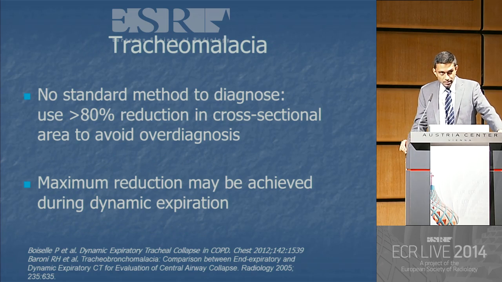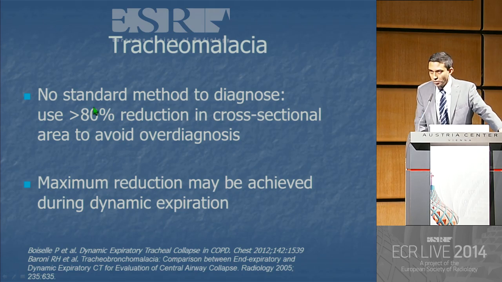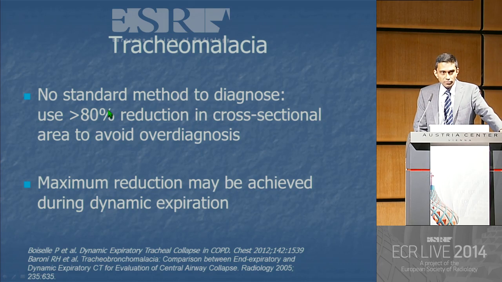So again, this is something that's already been touched upon. There is no standard method to diagnose tracheomalacia, and the figure you choose to diagnose it will depend on whether or not you want to be sensitive or specific. I would certainly recommend using a higher cutoff for the reduction in cross-sectional area before you confidently suggest the diagnosis.